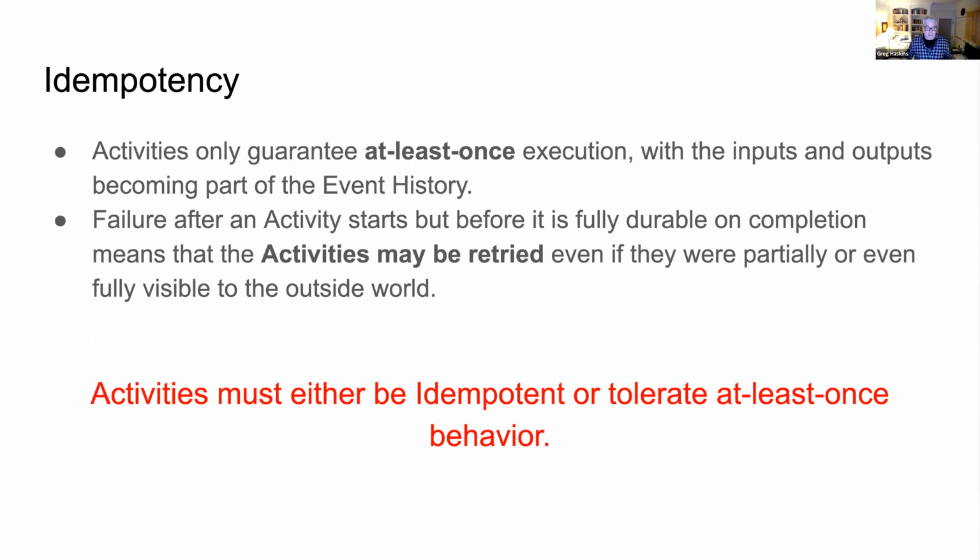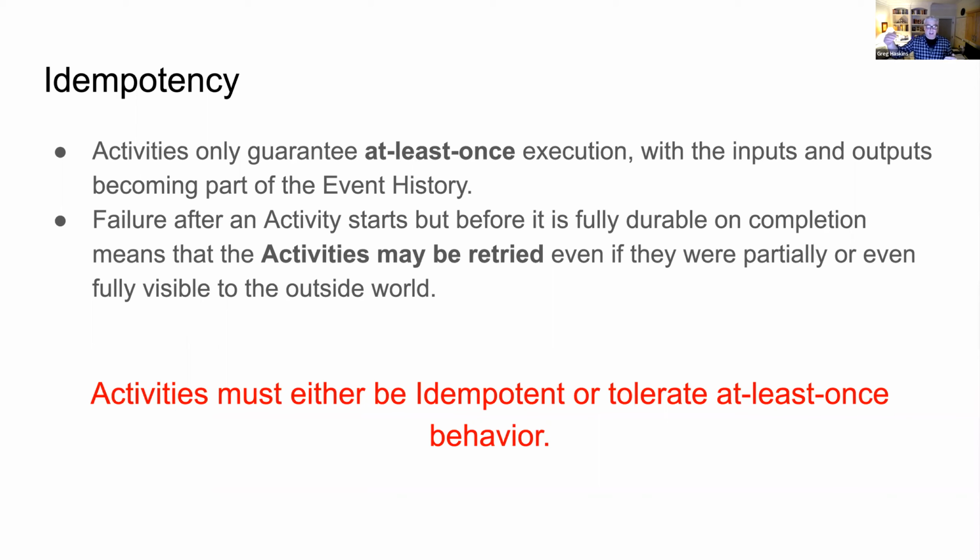Generally speaking, because of the robustness of the system, barring that the sun goes supernova or something like that, it's going to eventually execute your activity. It will execute it at least once, but it may execute it more than once. The reason why should be obvious if you think about the nature of it. You're invoking an activity, the invocation becomes part of the event history, then your function has to run and does whatever it does, and on its way out, after it gets to a certain point, the exit event becomes durable as well.